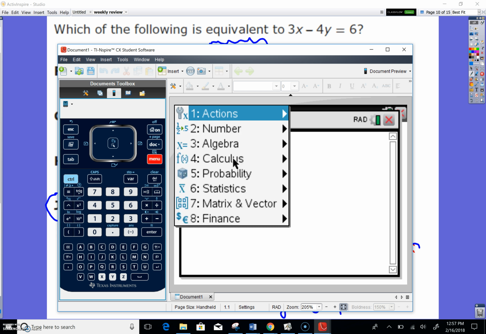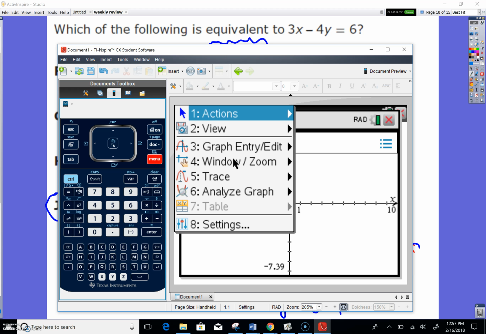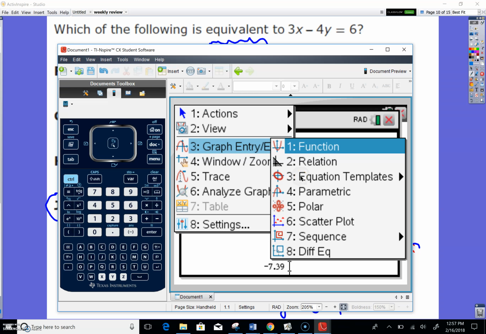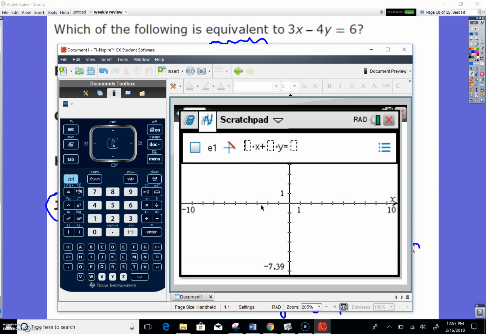The first one is standard, right? So I have 3, -4, and 6.